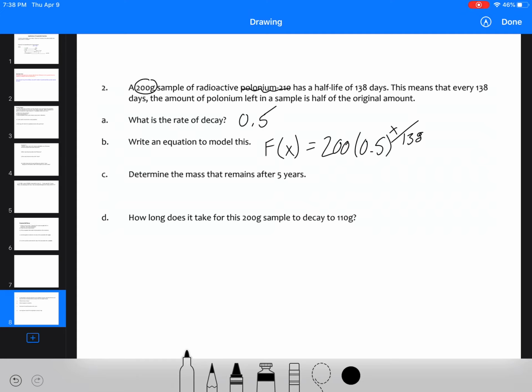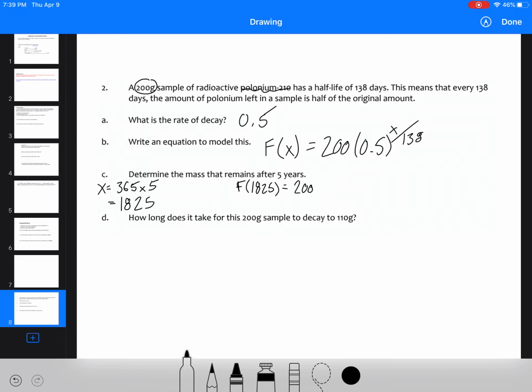Determine the mass after 5 years. Well, for 5 years, we're going to do 365 times 5. We're not having any leap years here. So x equals 365 days in a year times 5, which is 1,825.